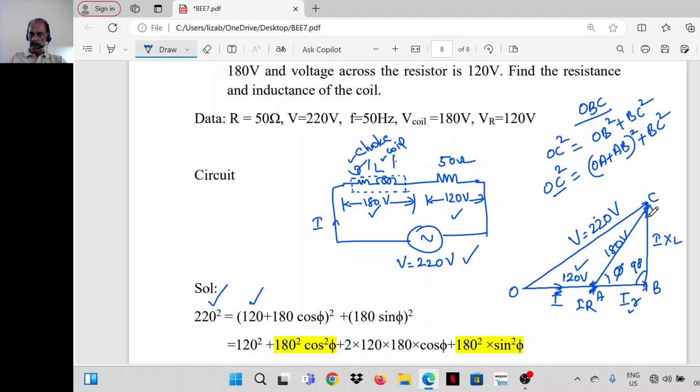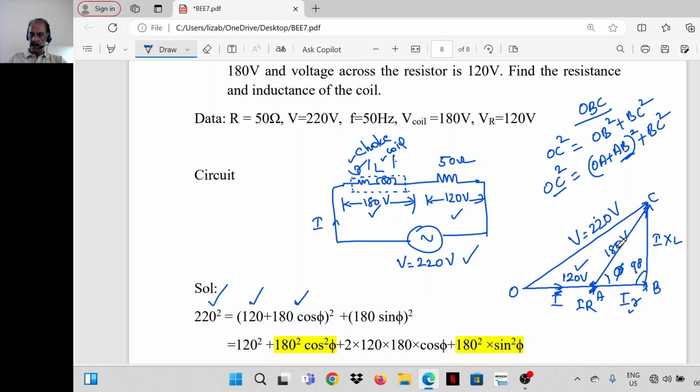This ABC is a right angle triangle. So AB divided by AC is cos phi, where this angle is taken as phi. Therefore, AB is equal to AC cos phi, or AB is equal to 180 into cos phi. BC divided by AC is sin phi, opposite side by hypotenuse.